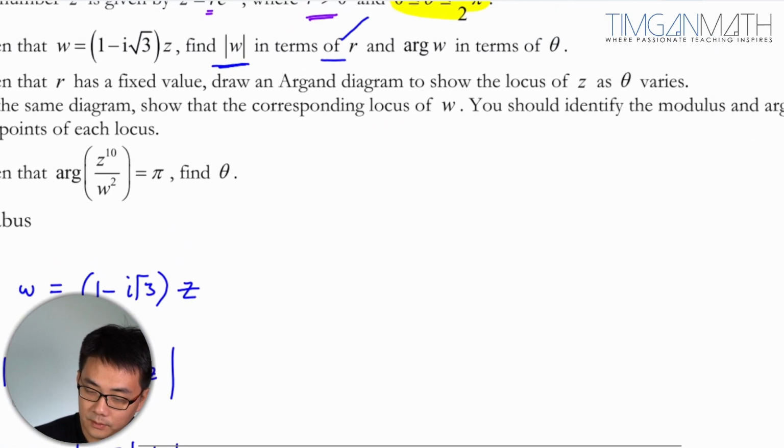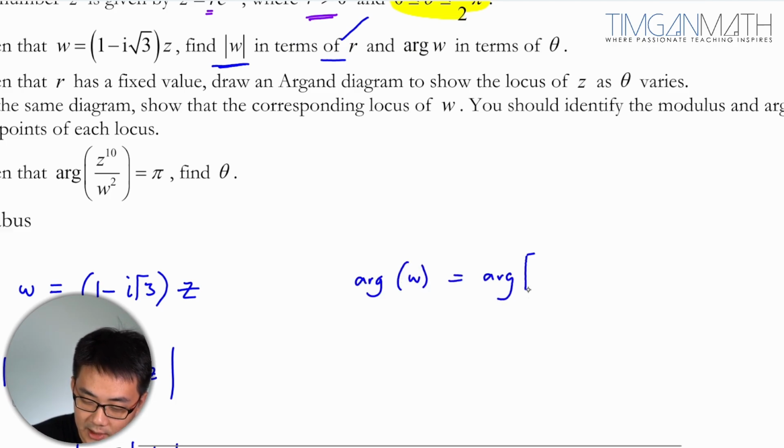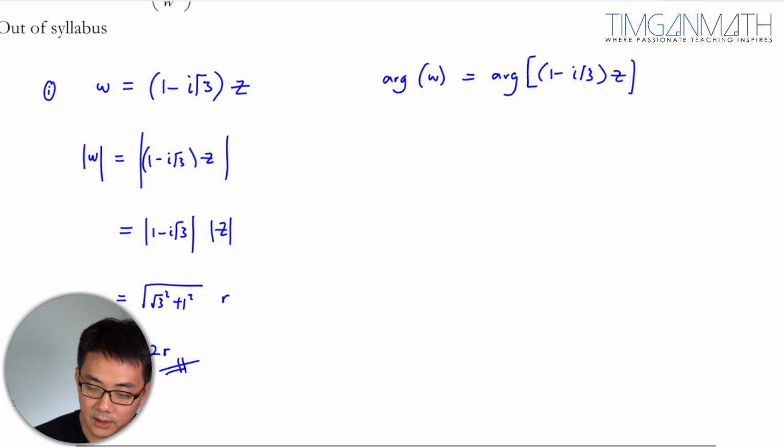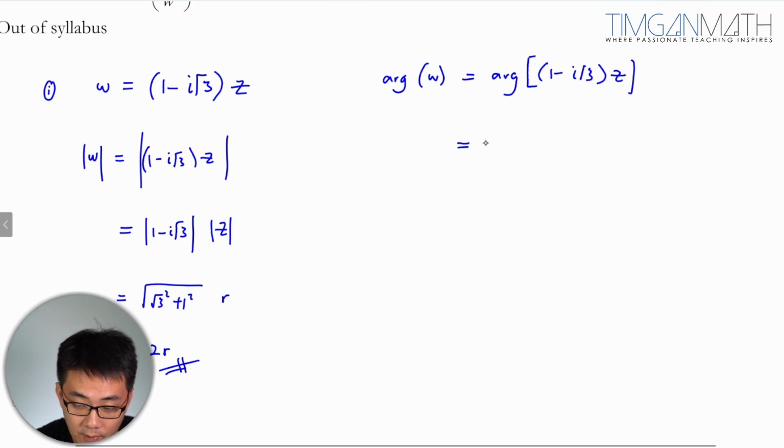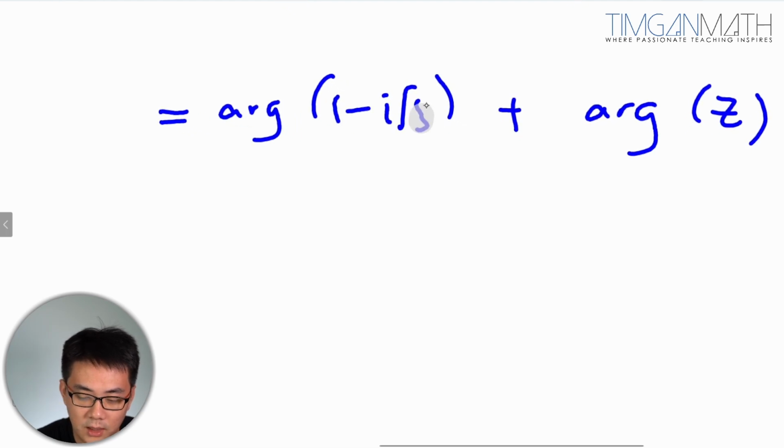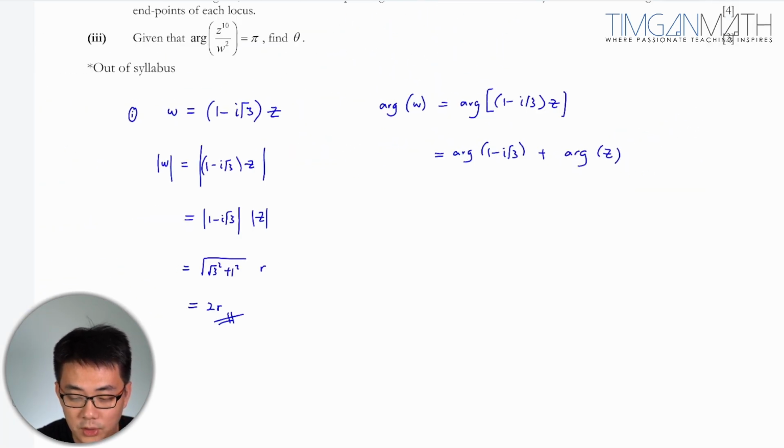Then the argument of w. Remember, argument behaves exactly like a logarithm. In this case, ln ab will be ln a plus ln b. So likewise, this will be the argument of 1 minus i root 3 plus the argument of z. This one I think you already know, so it's not an issue.